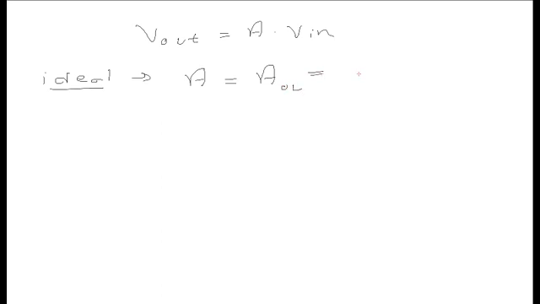Remember from the amplification video that we want an equation V out is some gain times V in. It might be quite strange to you, but in an ideal op-amp, the gain, typically called AOL, for A open loop, is infinity.